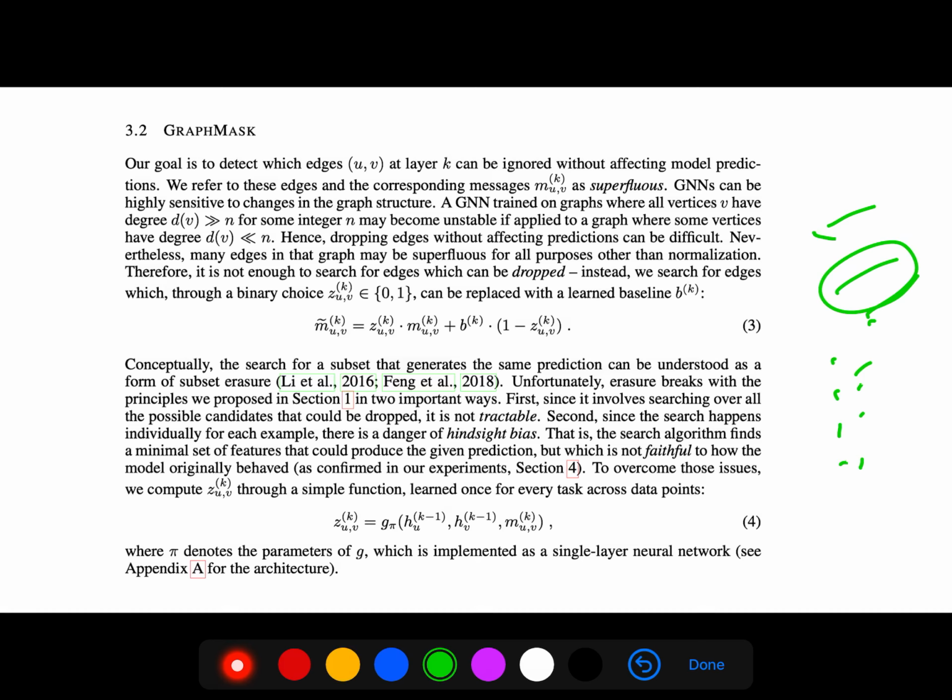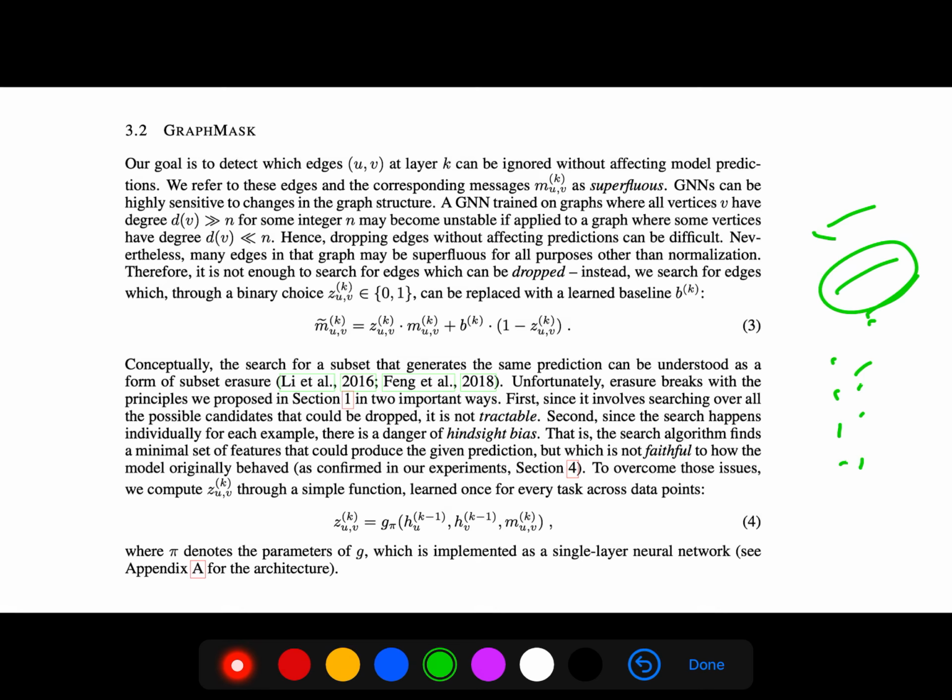Hence, dropping edges without affecting prediction can be difficult. Nevertheless, many edges in the graph may be superfluous for all purposes other than normalization. Therefore, it is not enough to search for edges which can be dropped. Instead, we search for edges which, through a binary choice, can be replaced with a learned baseline.